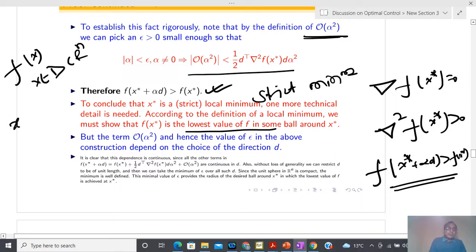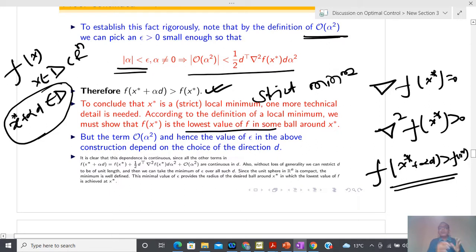I have to make sure that x* plus alpha d also lies in D. For this I have two restrictions. First, alpha should be small enough, which means I have to make sure that alpha is less than or equal to epsilon. Second, whatever vector d I have selected, after multiplying it with this small number it should lie inside this region and not leave it.